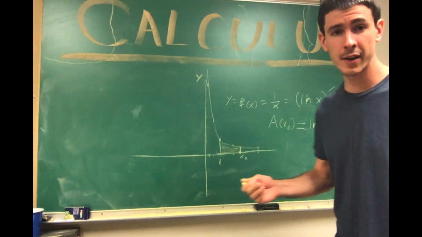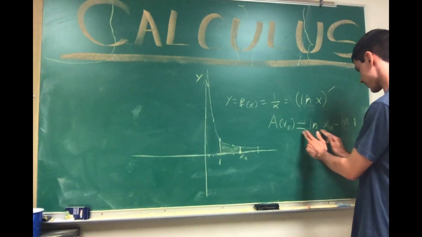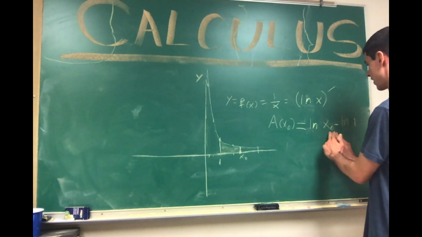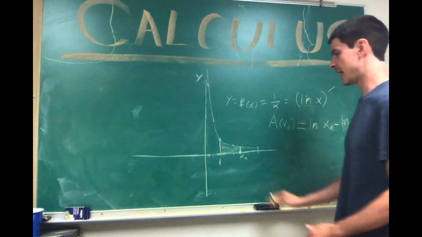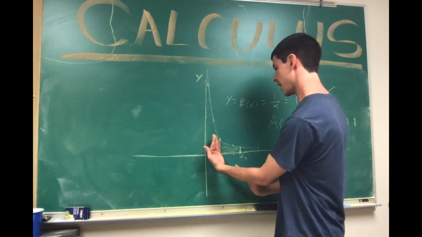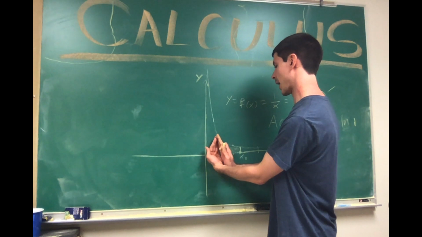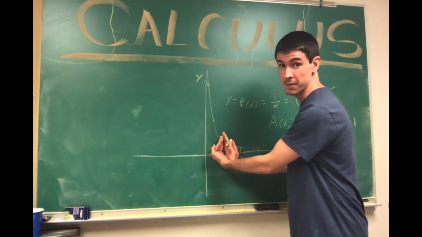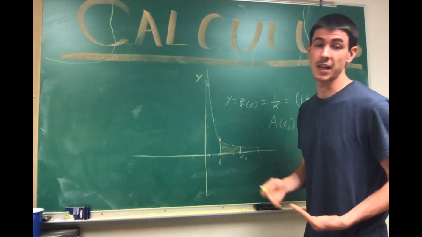And why ln of 1? Well, because a of x0 differs from ln of x0 by some constant, and it is, of course, the area of a rectangle that starts at 1 and ends at 1, which is going to be 0. It's called a degenerate rectangle because it's not even a rectangle anymore.